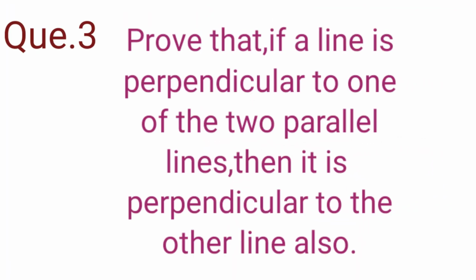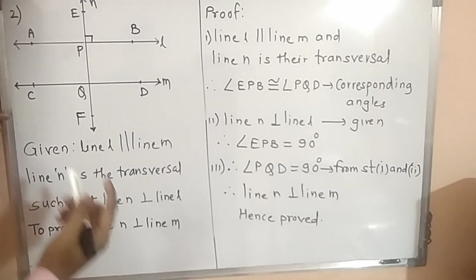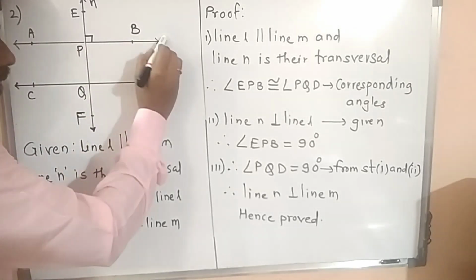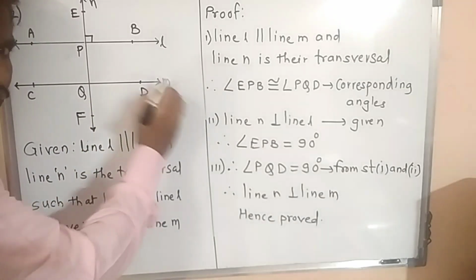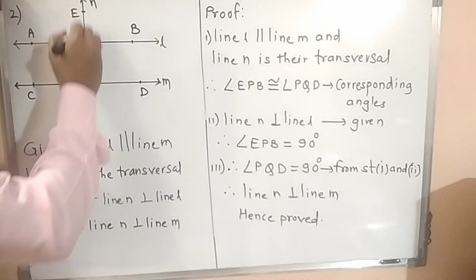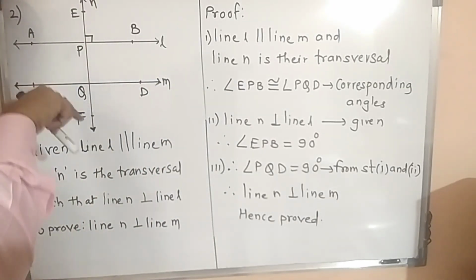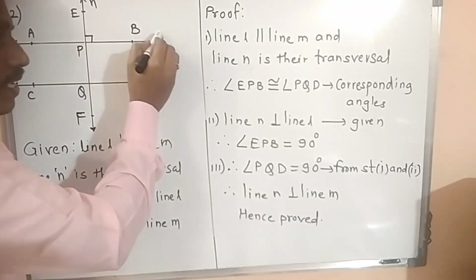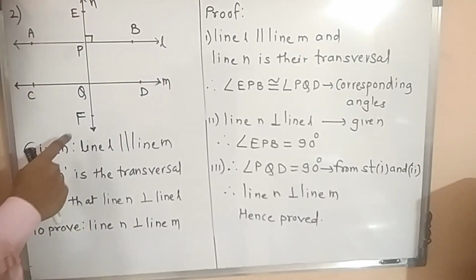Question number 3. Prove that if a line is perpendicular to one of two parallel lines, then it is perpendicular to the other line also. In the figure, I have taken line L parallel to line M, and line N is the transversal such that this line N is perpendicular to line L. Two lines are parallel.